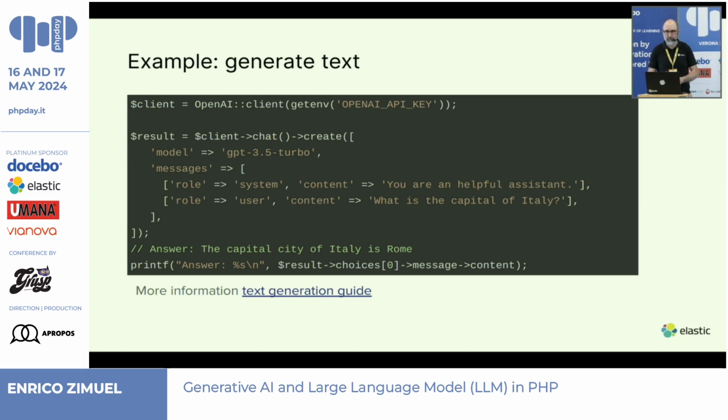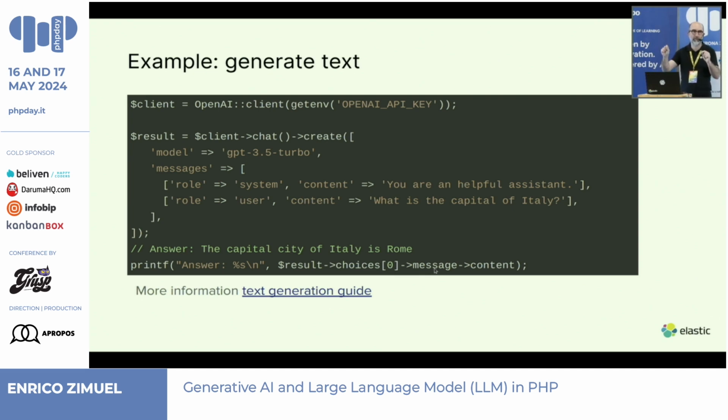And the question is, what is the capital of Italy? And you can have an answer, just storing the results. And as you can see, this is the JSON result of OpenAI. So this is a very basic library, it just provides you the HTTP connection and some functions.